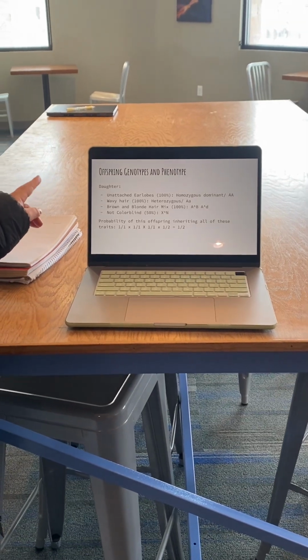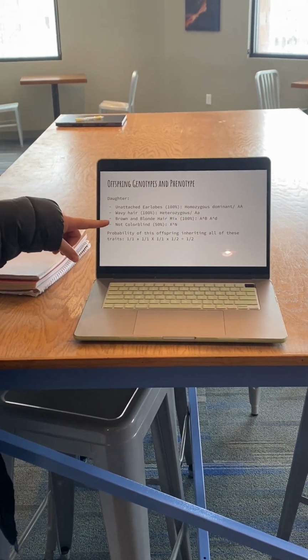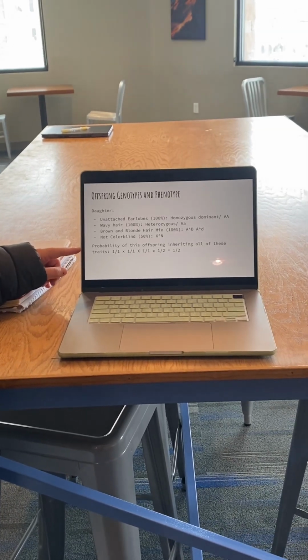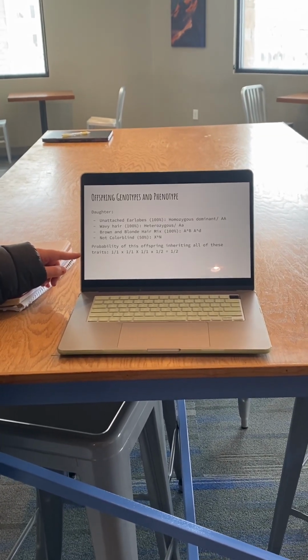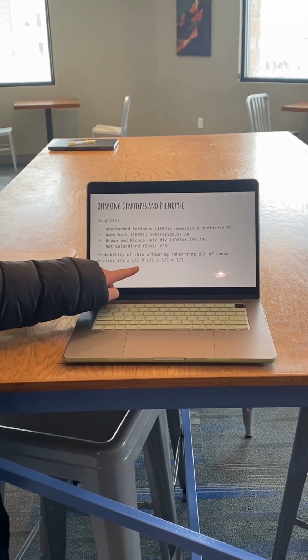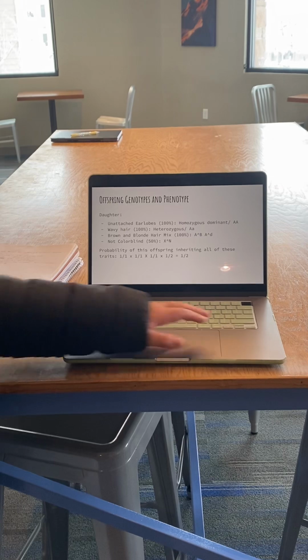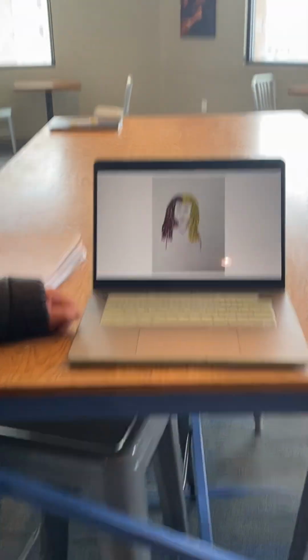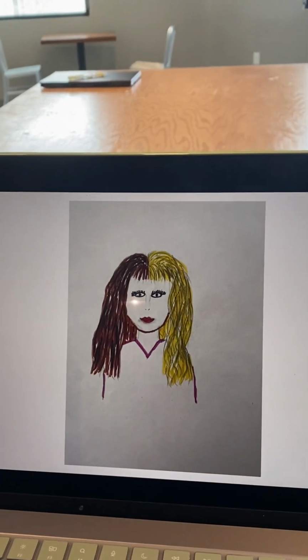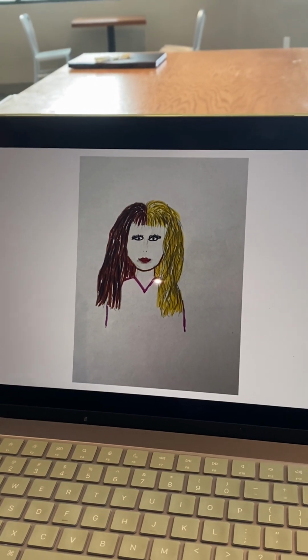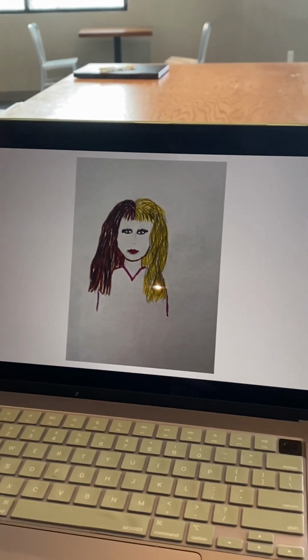Both of her parents passed down their traits, and she ended up being the 50% that was not colorblind. The probability of this offspring inheriting all of these traits is 100%, 100%, 100% times 50%, which would equal 1/2. And we can see her traits here. You can't see the unattached earlobes, but they're there. You can see the codominance with the hair color, wavy hair, and you cannot see it, but she is not colorblind.